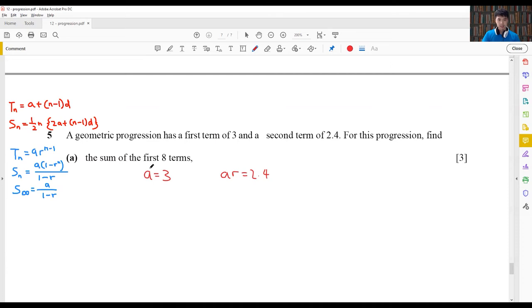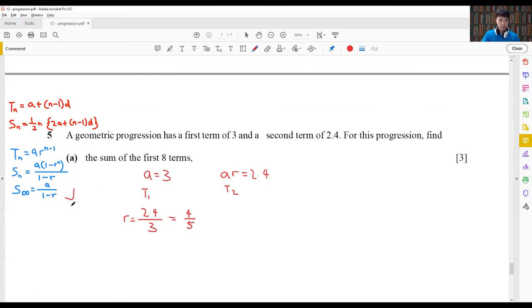This is term 1 and this is term 2. Term 2 over term 1, 2.4 over 3, you would have gotten r is equal to 4 over 5.